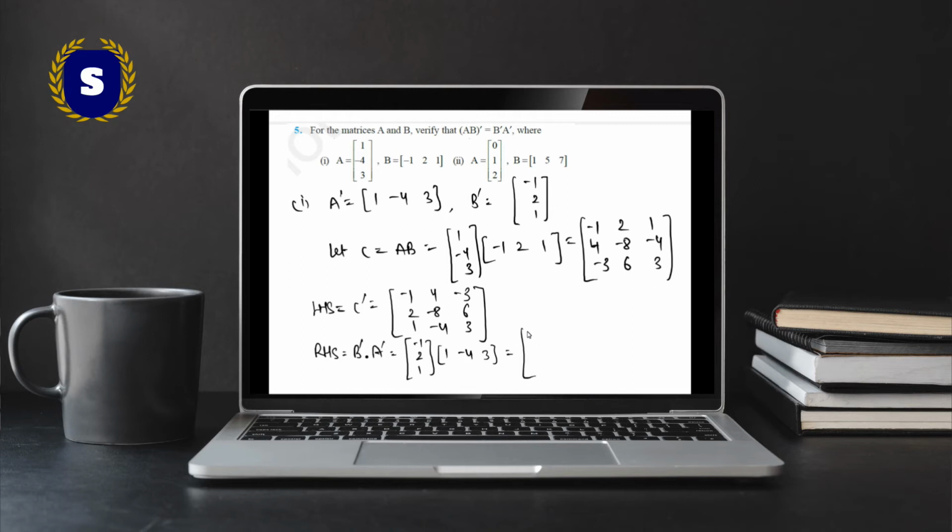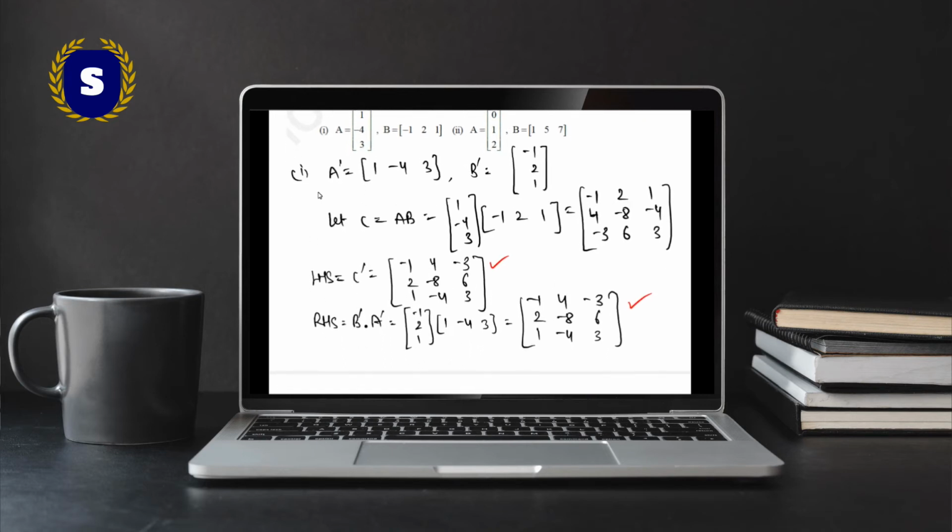This comes out to be minus 1, 4, minus 3, 2, minus 8, 6, 1, minus 4, 3. So we can see that this LHS is equal to RHS. So we can say that for the given matrices, AB transpose is equal to B transpose A transpose. This was our first part.